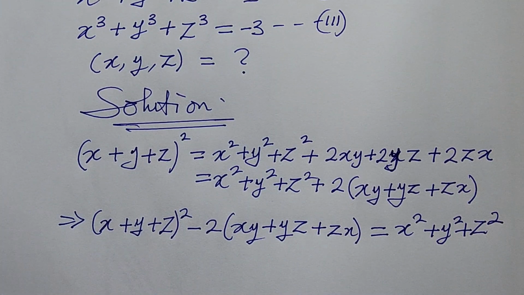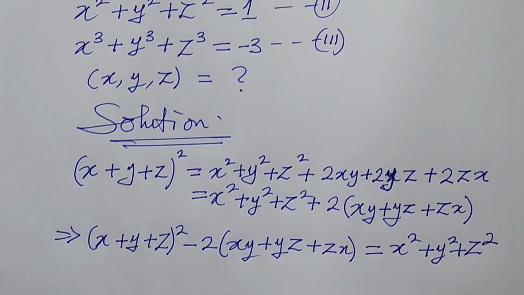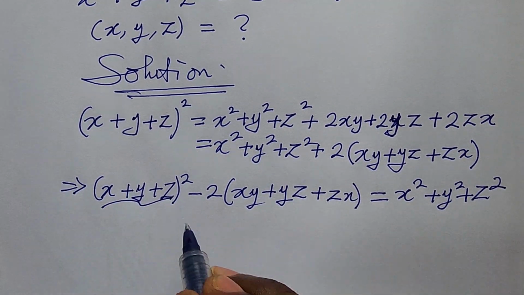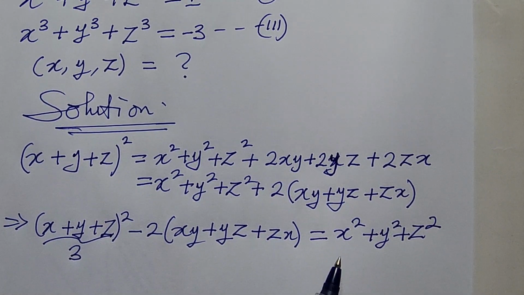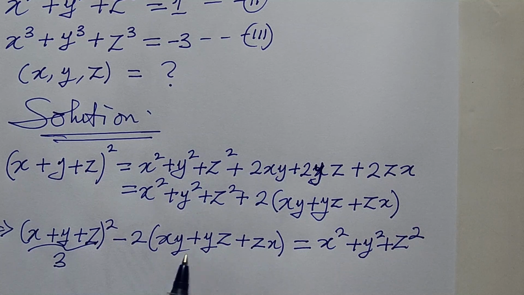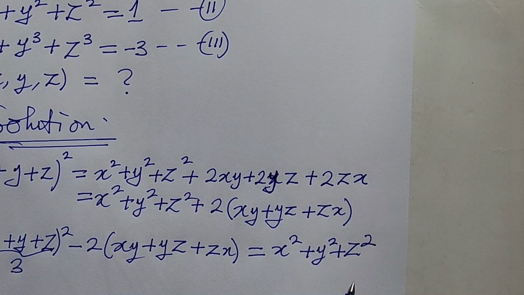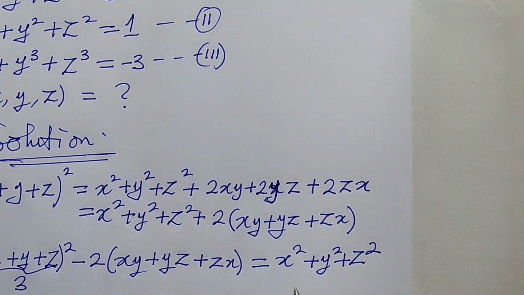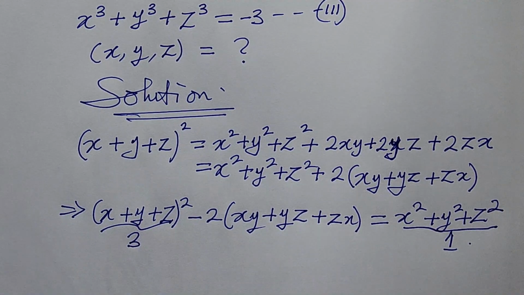Now let's look at this together. You discover we're having x plus y plus z here, so the whole of this is given to be 3. Then again, look at what we have here. This expression, x squared plus y squared plus z squared, we're having it here. So the whole of this is given to be 1.